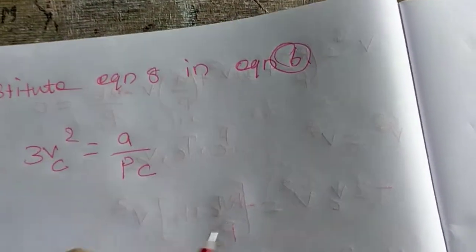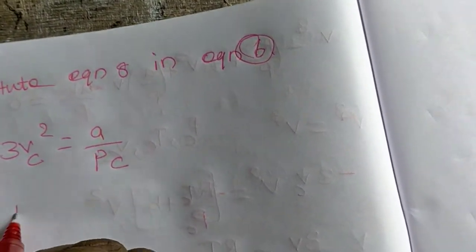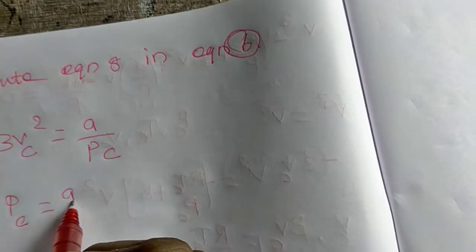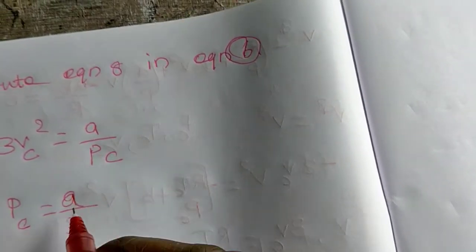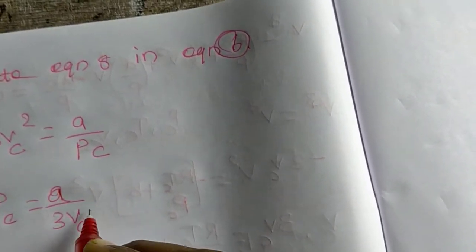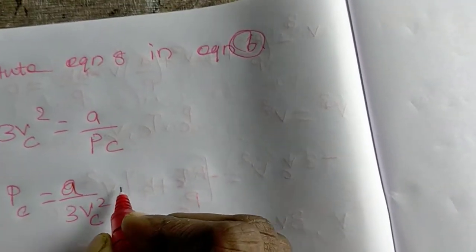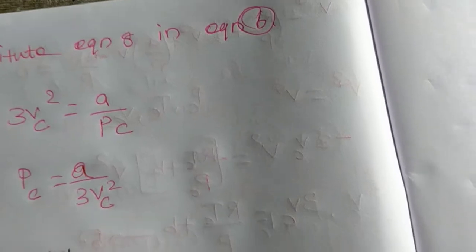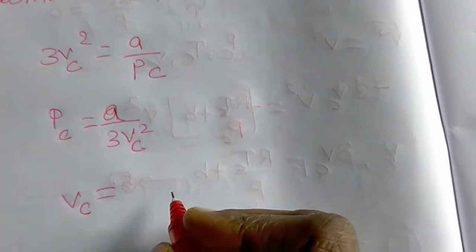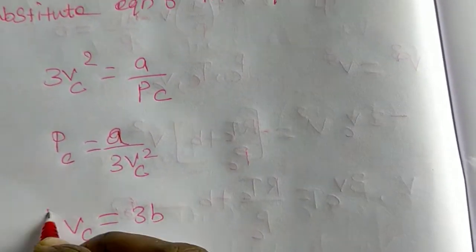To find PC, you can take PC to one side. So PC is equal to A by 3VC square. Okay, then substitute the value VC is equal to 3B in this equation.